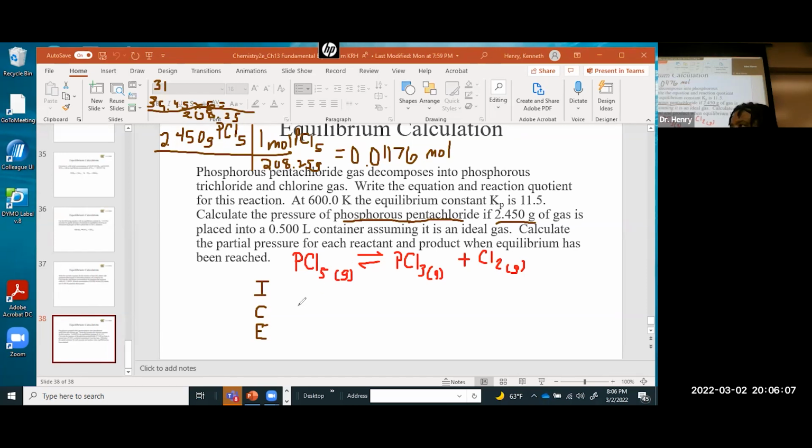Okay, so now we got the number of moles.